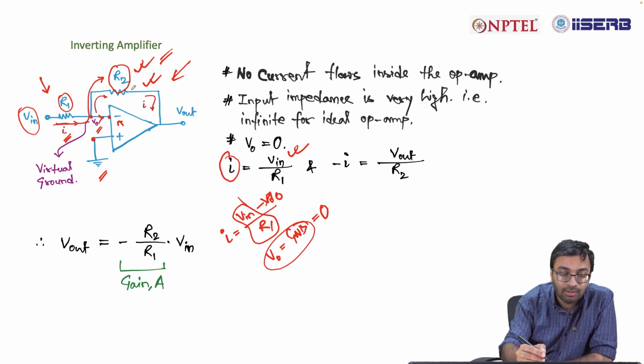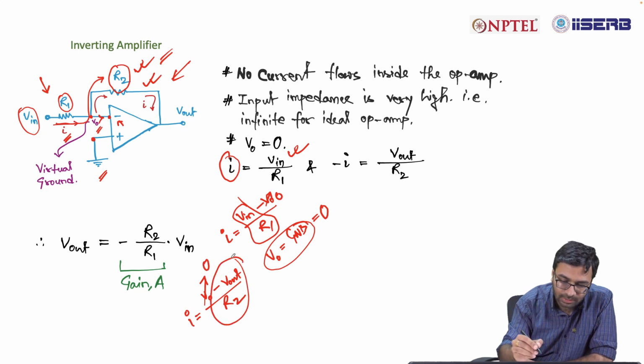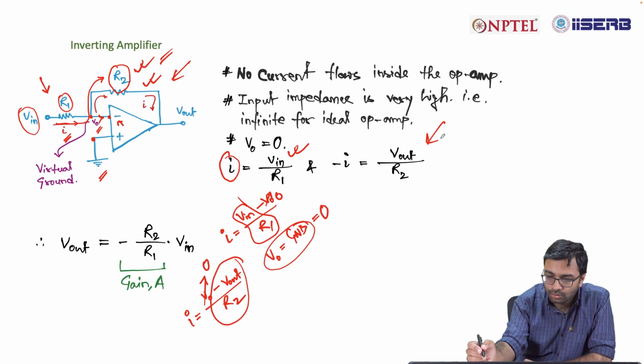In this case, I is equal to V0 minus V out divided by R2. Now again V0 is 0, so I is equal to minus V out by R2, as shown over here.